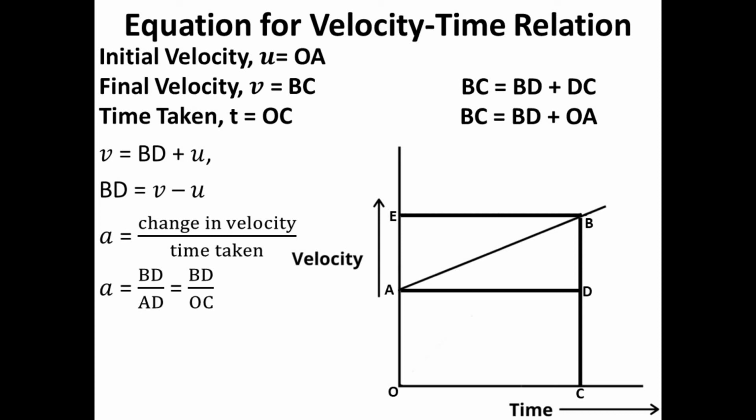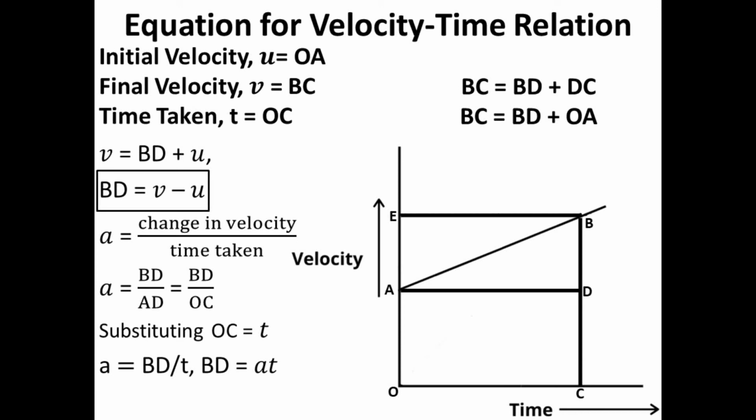Substituting the value of OC equal to T, we get acceleration A is equal to BD divided by T. Thus, BD is equal to AT. Now, as BD is V minus U, thus V minus U equals to AT, which is our velocity time relation.